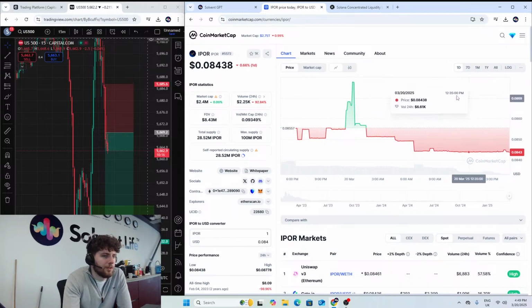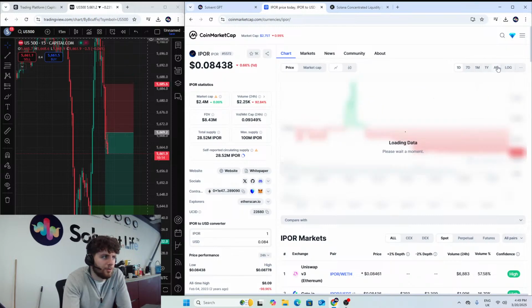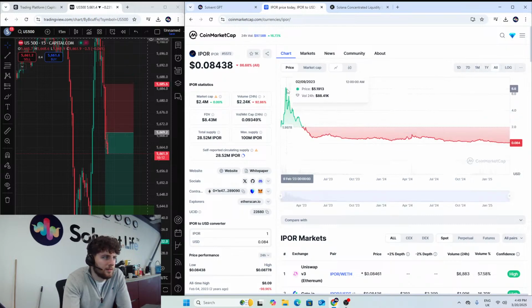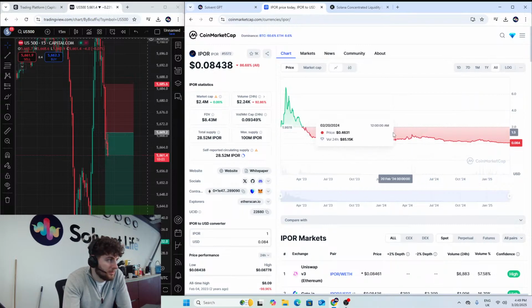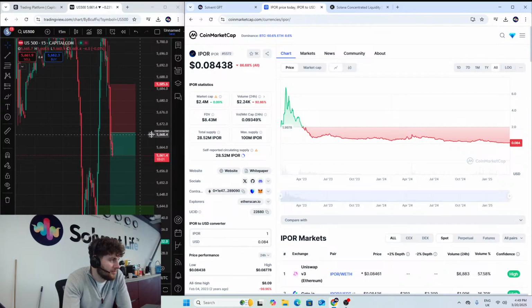So number 5,572 right here. This saw a lot of momentum during 2023, reached about $6, currently sitting about 80 or 8 cents essentially. US 500 continuing to drop.